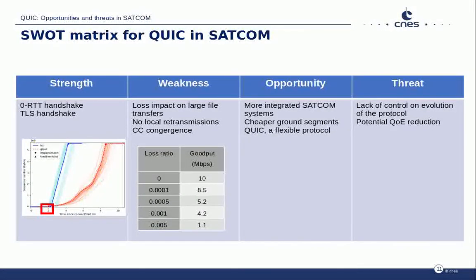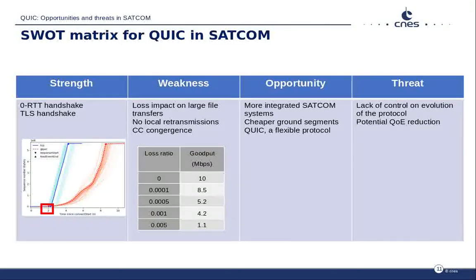So to put it in a nutshell, if we look at the strengths of QUIC, QUIC has a very quick handshake, and this results in it being faster to transmit the first bits of useful data as opposed to classical solutions. However, the weakness that we have found is that the congestion control convergence can be long, and we cannot have local retransmissions, and this has a very huge impact on the throughput for the end-to-end application.